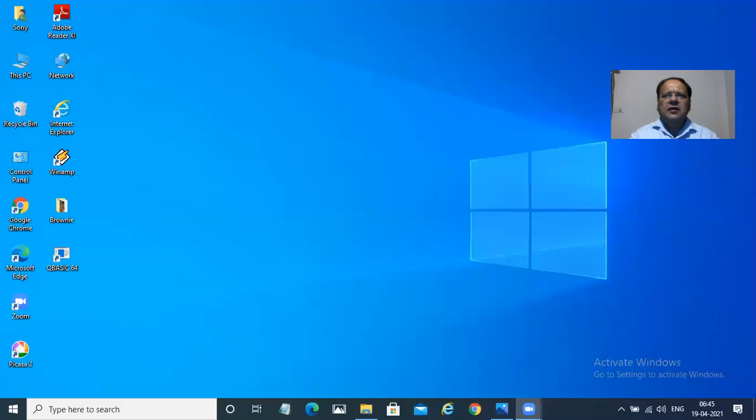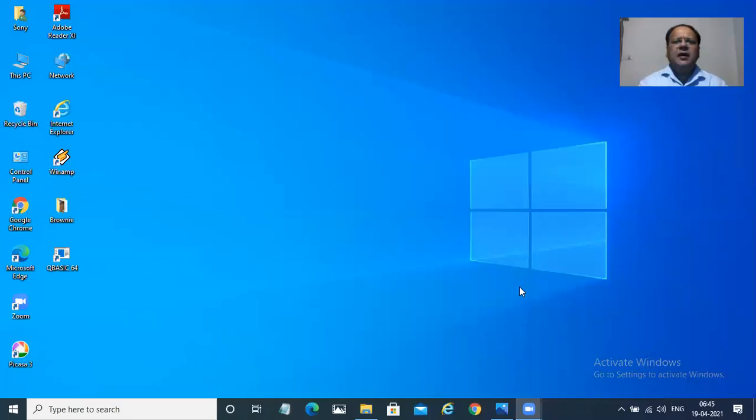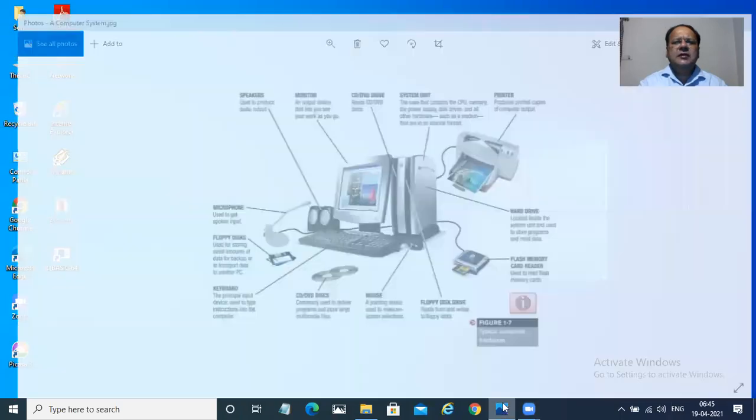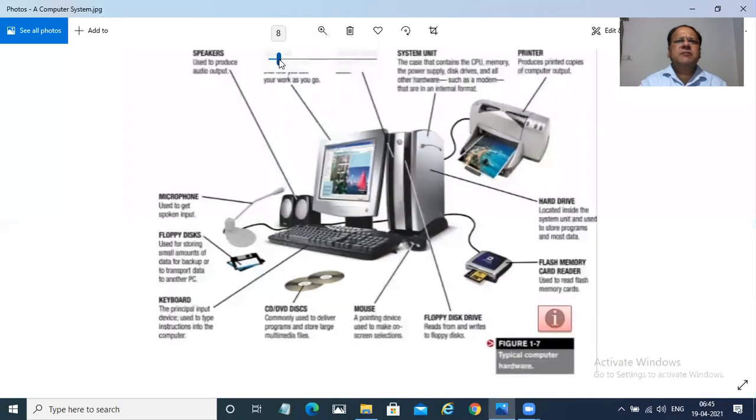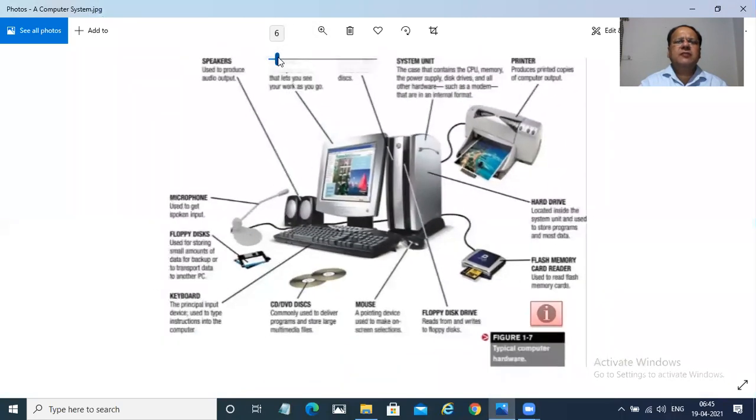So I share my screen with you. And the first device, or rather the entire computer system, I'm just displaying to each one of you, trying to make best use of the screen. So I hope it is visible.